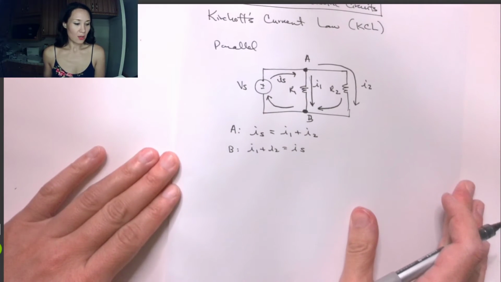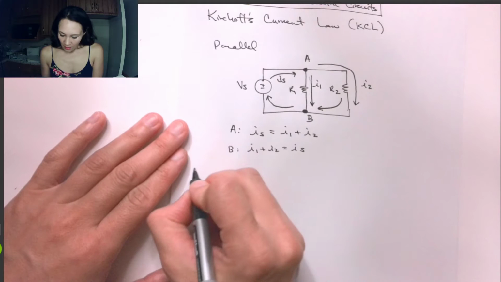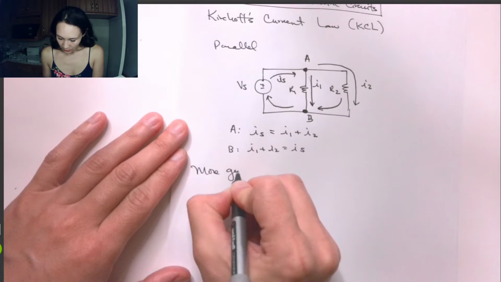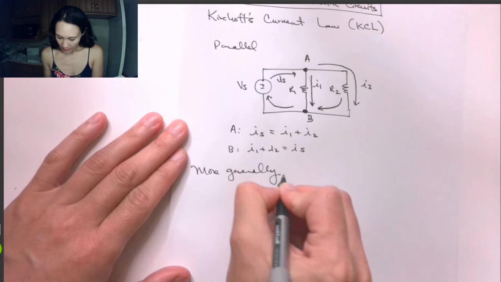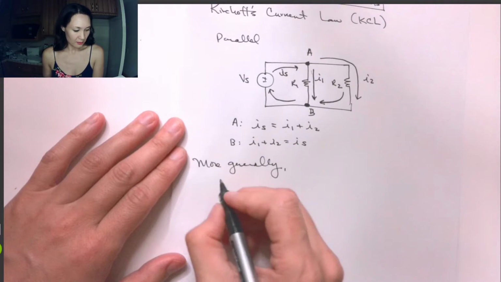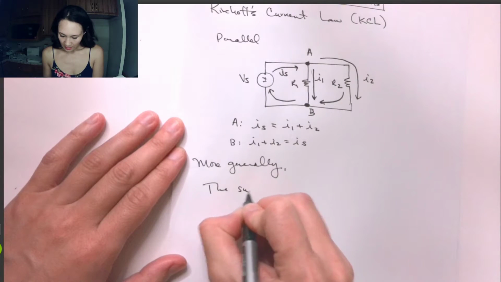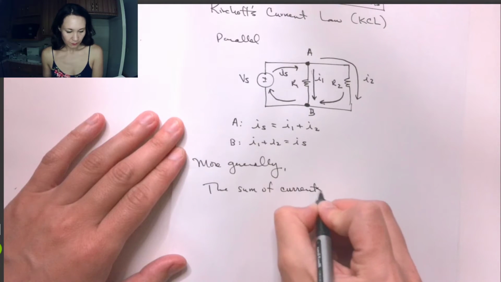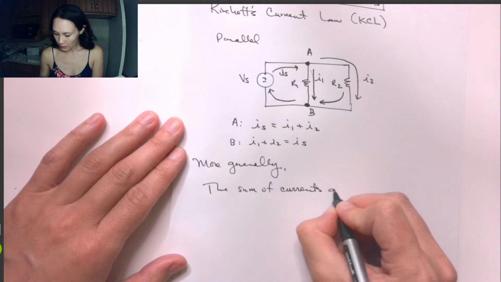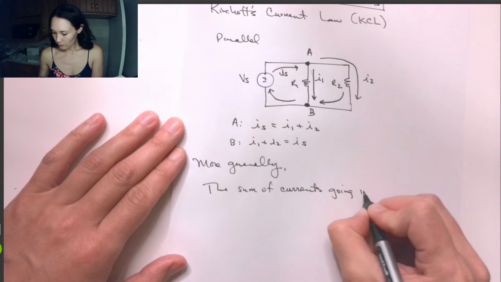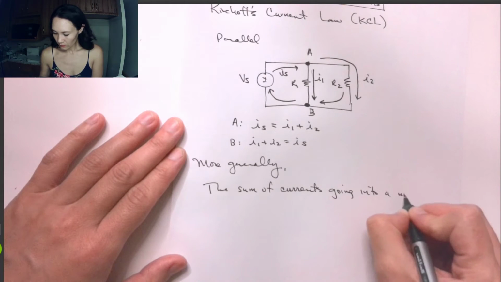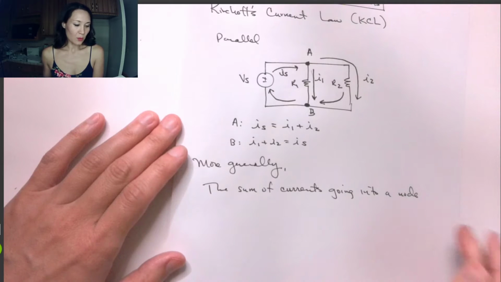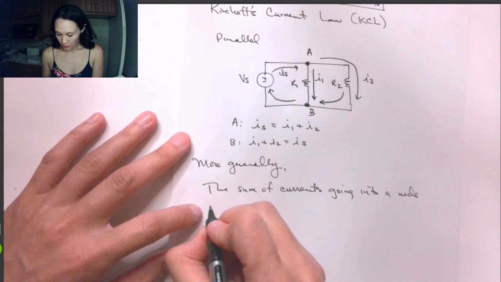More generally, the way I would describe this is I would say the sum of currents going into a node is equal to the sum of currents going out of the node.